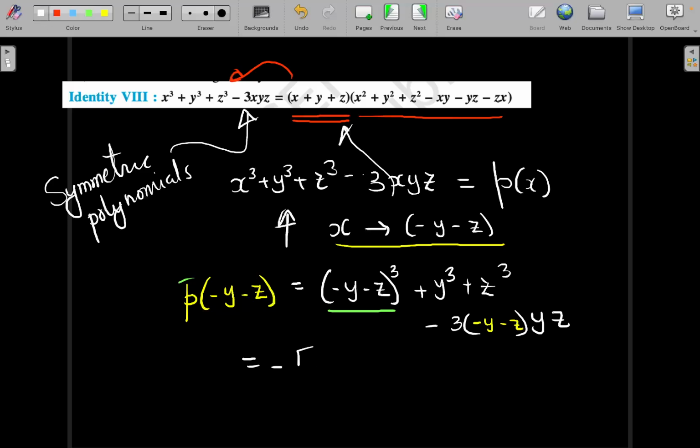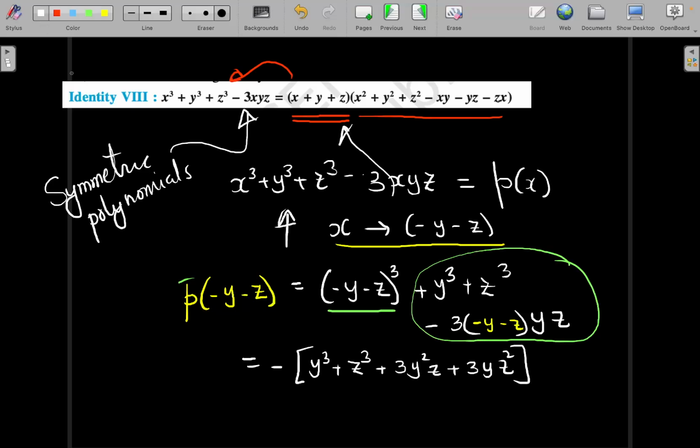Well, minus is there, and then you have y cube plus z cube plus 3y square z plus 3yz square. So I've used the formula for cubes, which we have just learned a few minutes back. And then what is left is all of these remaining terms. So let me write it down.